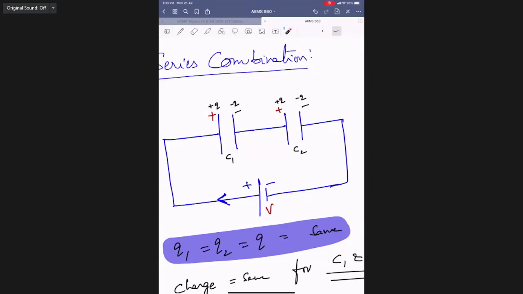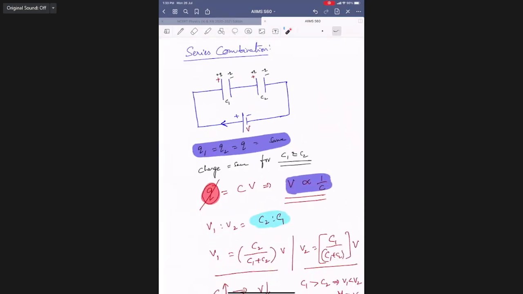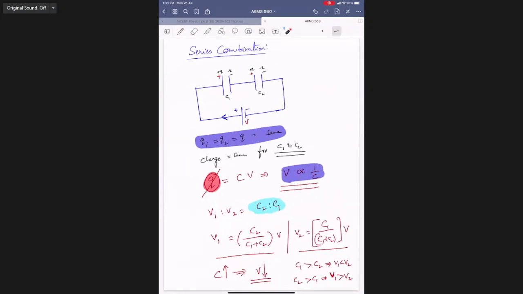So can you zoom out, sir? Done, sir. So what is written at the bottom, sir? This one? One second. Visible na?